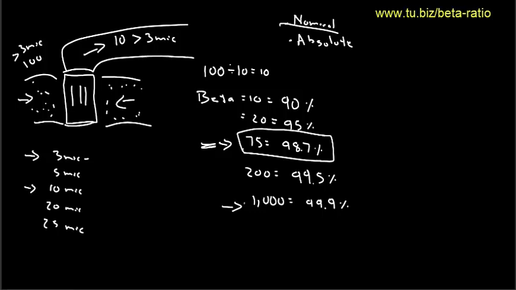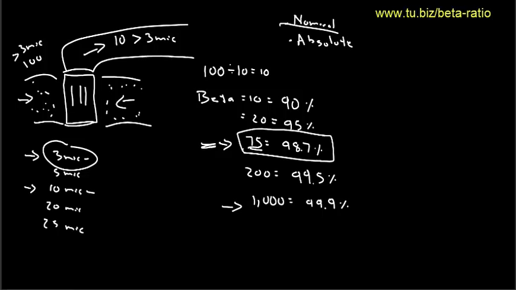You have this filter element right here. It's a 3 micron filter element, but next you're going to say, you know what, I'm not going to call it a 3 micron. I'm going to call it a 10 micron. Now it's a 10 micron, and now it's no longer a beta 75. Now it can jump up to beta 1000 and make it 99.9% efficient, but at a higher micron rating.